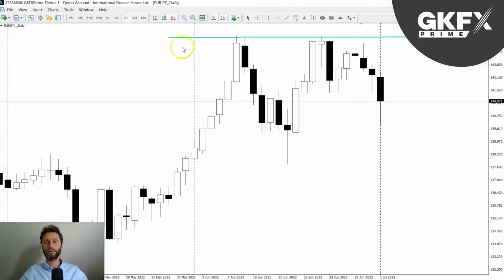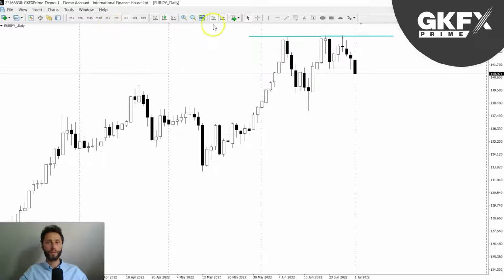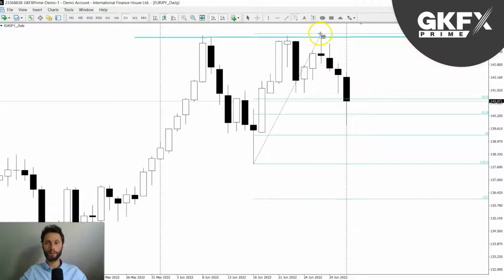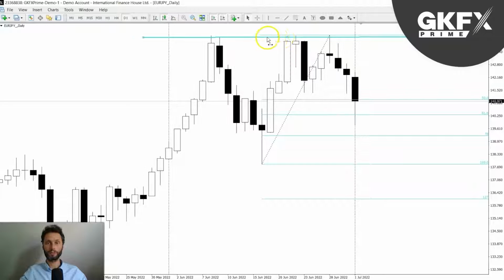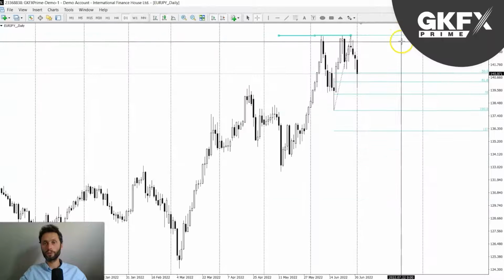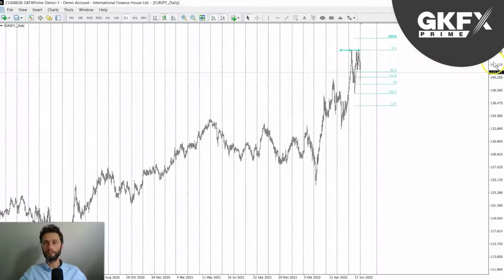So because of that, I'll be looking at this level as a target. Now that I've got that in mind, I'm going to go and look at the low and the latest high, which is up here. Let me just shift this to the side a little bit so it's a bit clearer. The possible target, so that's going to be the 144.30 and possibly beyond.